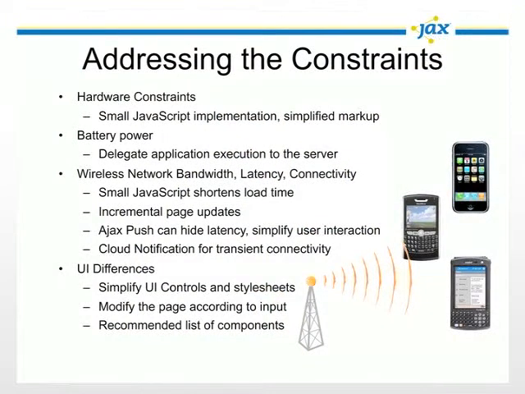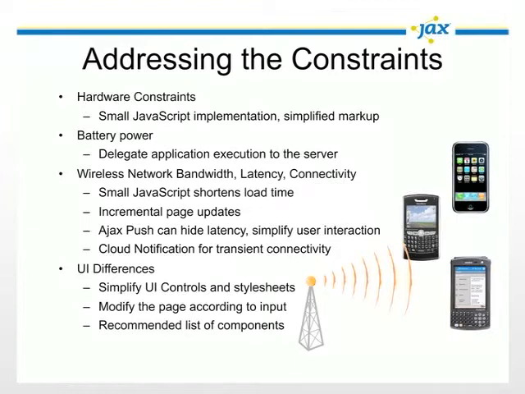Then to conserve the network, at every stage it's important to reduce the size of what we send down to the device. So that means reduce the size of the JavaScript, and use Ajax so that we're just sending the page updates rather than a full page refresh. Web 1.0 is not as good on a mobile device as an Ajax application.